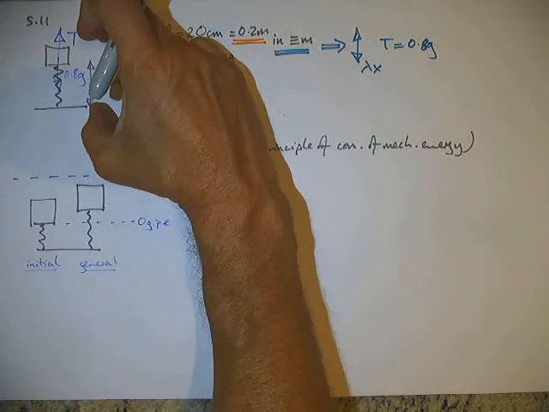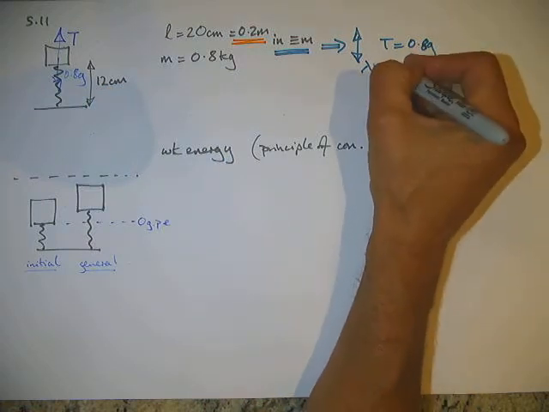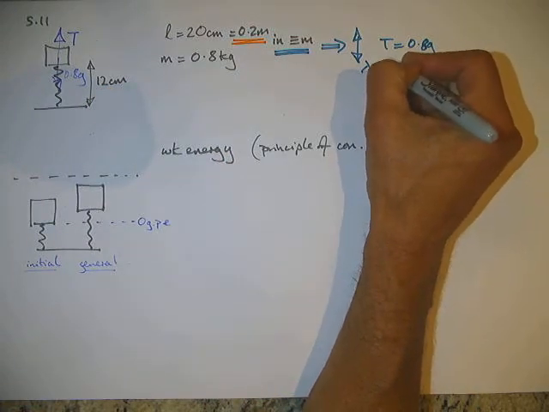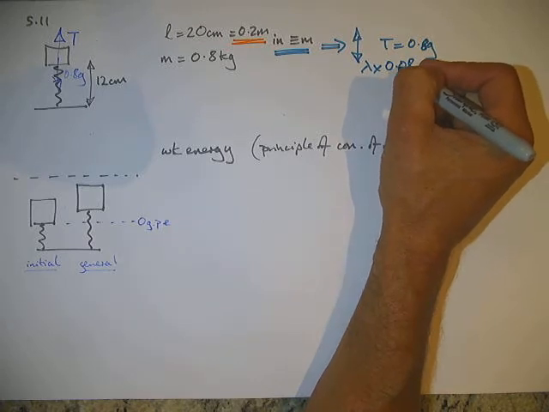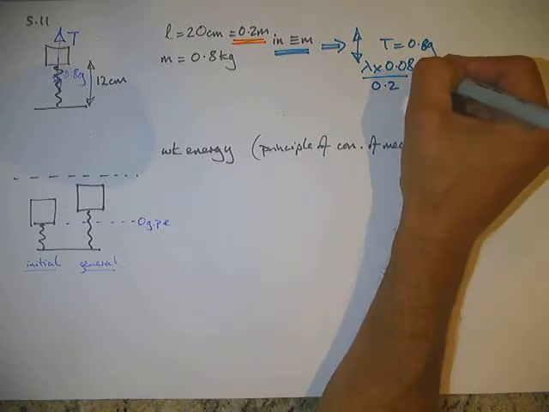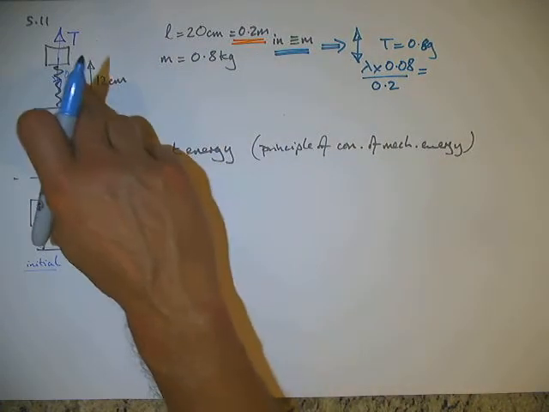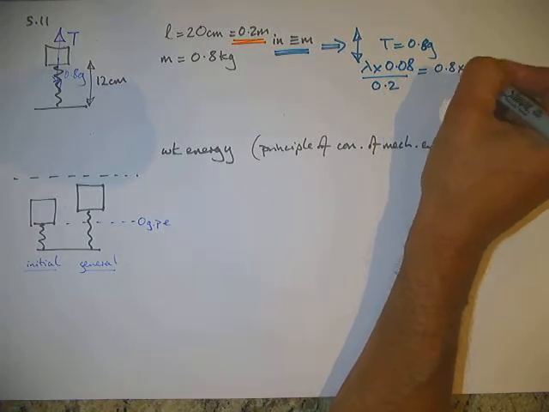It should be 0.2 meters long. It's 0.12 meters long, so the compression is 0.08 meters over a natural length of 0.2, and that's equal to 0.8 times 9.8.